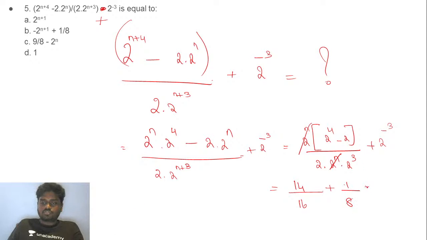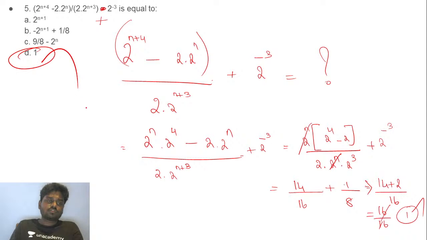So if we try to do so, we'll be getting LCM as 16. That is actually 14 plus 2 divided by 16. We'll be getting exactly 16 by 16, which is ultimately 1. So the answer for this question is option D. 1 is actually the right option for the given question.